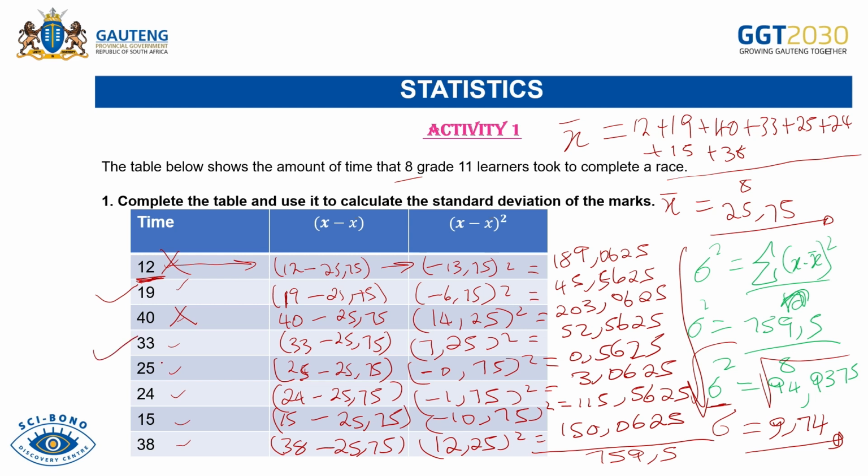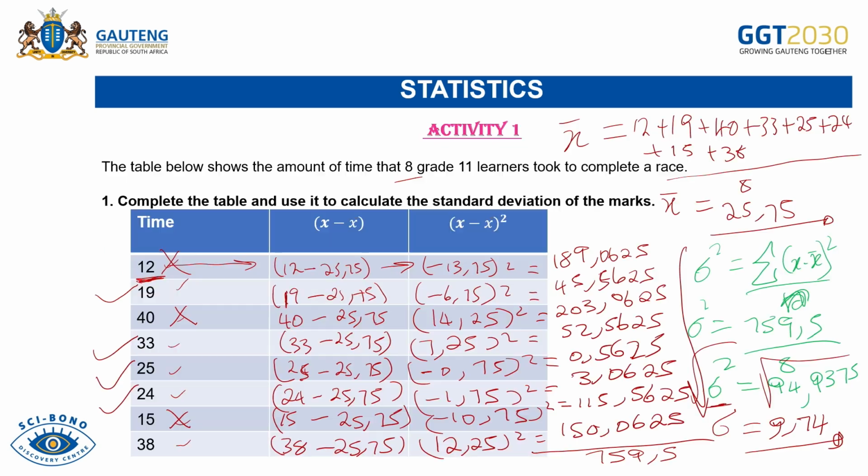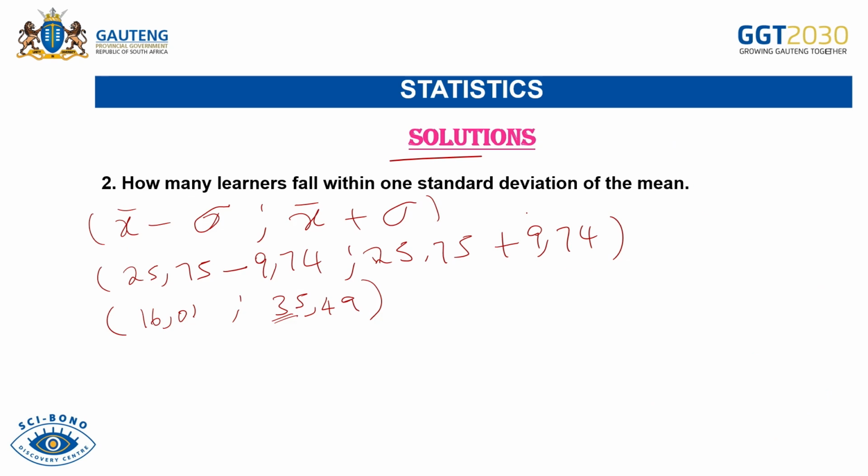Yes. The 25, yes, it's also in. The 24 is also in. The 15, no, it's not in, because we are looking for values greater than 16. And 38 is above 35.49, so this one is out. So the only learners within one standard deviation are 1, 2, 3, 4. So the number of learners is 4.